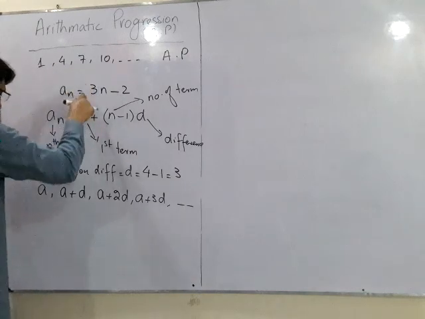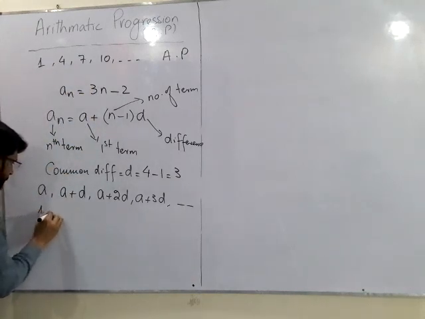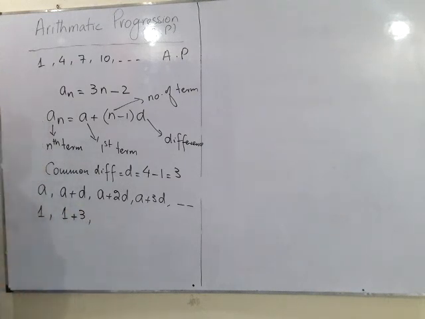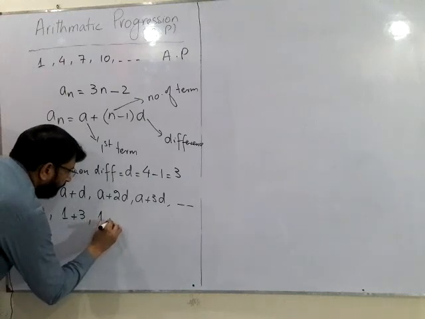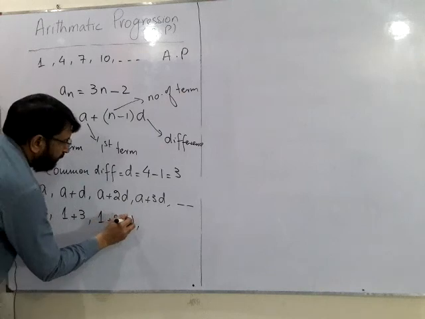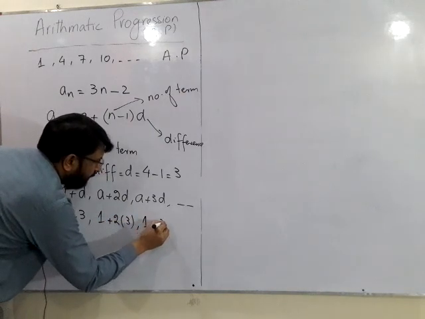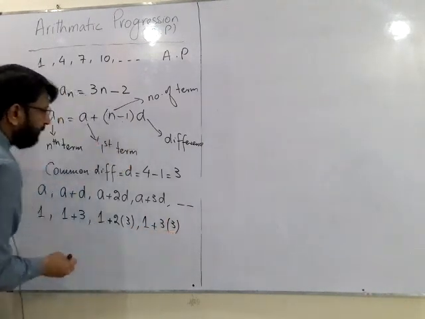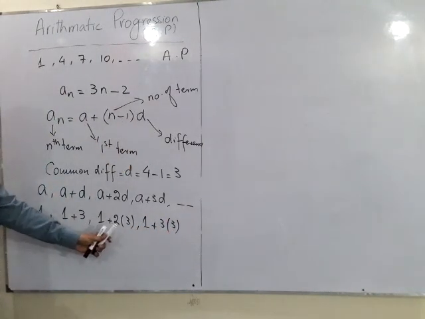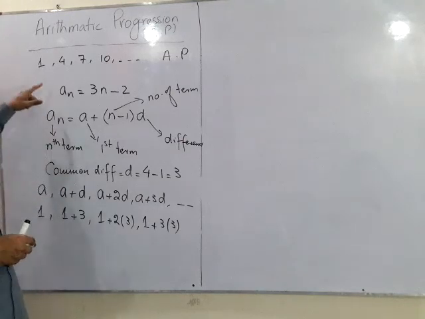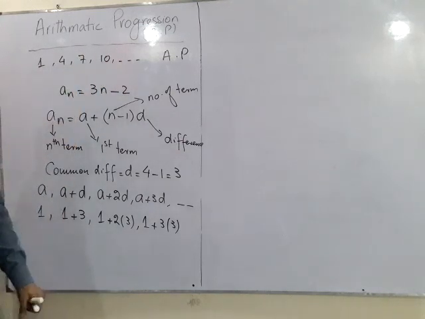Now let's apply this to this one. 1, then 1 plus d, then 1 plus 2d, d is 3 over here, and then 1 plus 3d. And we can see here 1, 4, 7 and 10. So this is applicable, but only to sequences where the difference is fixed.